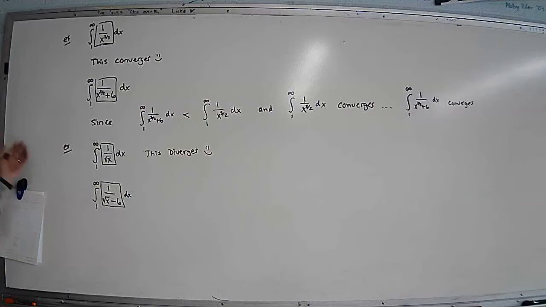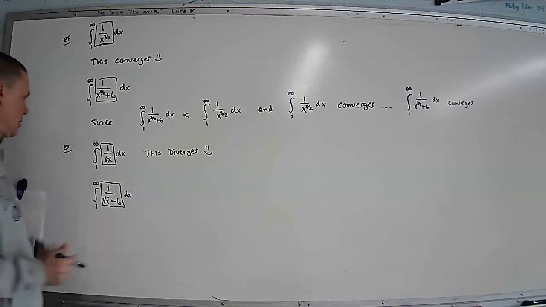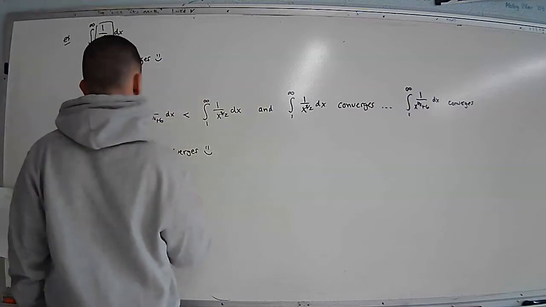What does that mean? It means that if this area is infinite, this area is going to have to be infinite as well because it's bigger than this one. So same idea.